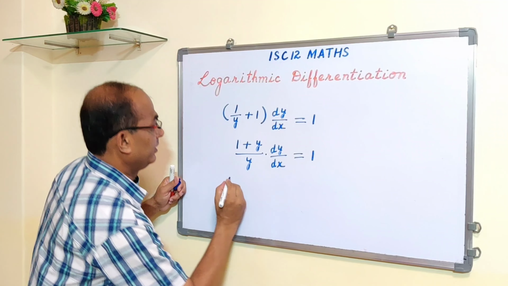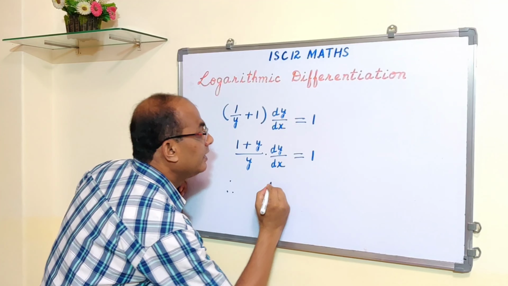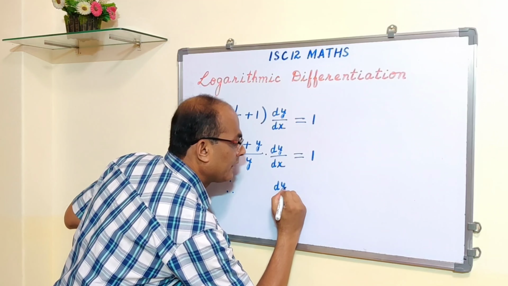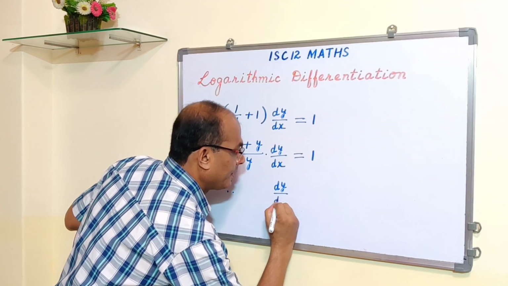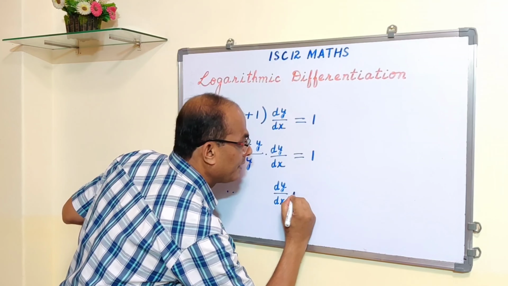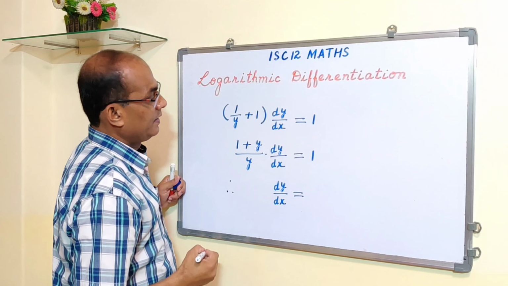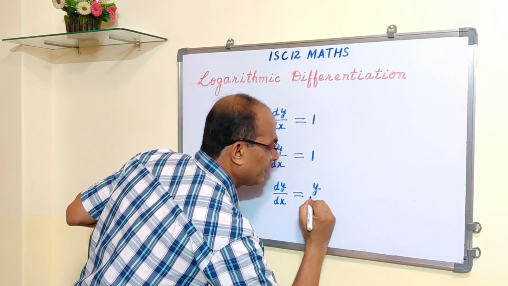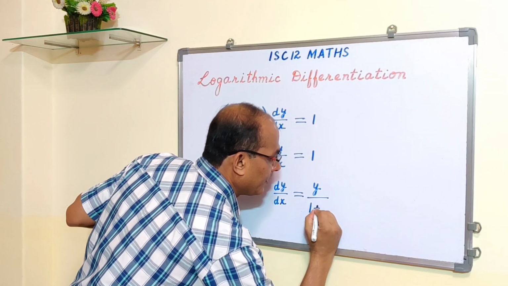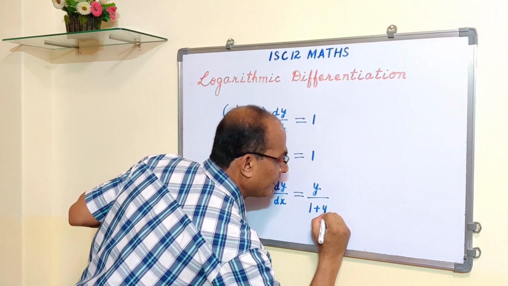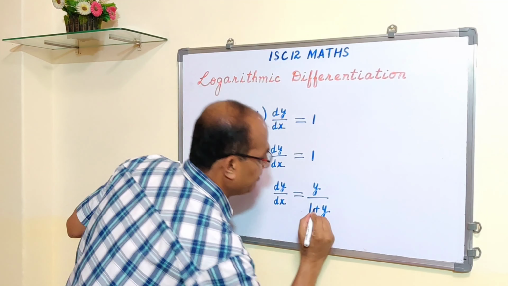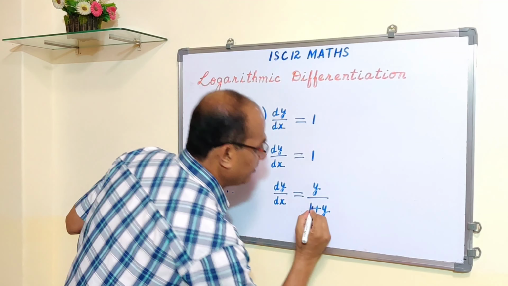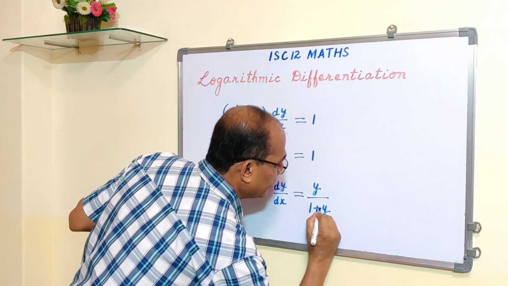So therefore dy upon dx is equal to y upon 1 plus y. Alright? y upon 1 plus y is the answer.